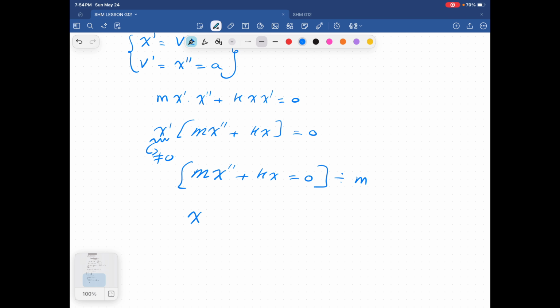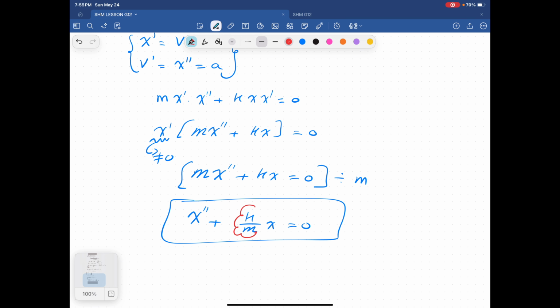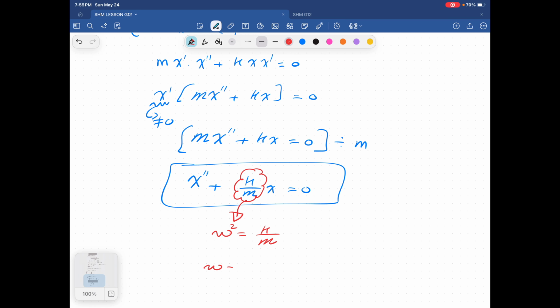Dividing by m: x double prime plus k over m x is equal to 0, and we get this differential equation with this k over m being, guess what, the w that we've been searching for, squared. And so w squared is equal to k over m, or w is equal to radical k over m.